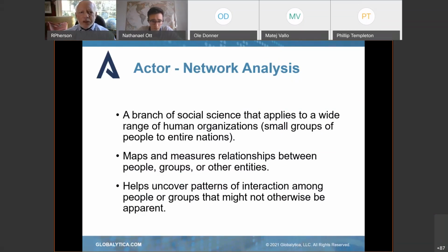In essence, what we're trying to do is to map the relationships between people, groups, and other entities. You're looking for how they connect, and what that tells us about their organization, their capabilities, and what they're likely to do, and more importantly, who to target, what to focus on, who matters and who doesn't, and where you put your resources as an intelligence officer.